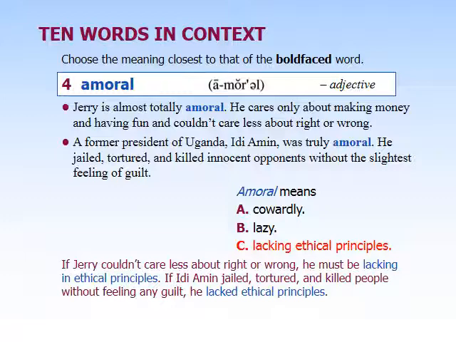He doesn't care whether it's right to make money or whether it's right to have fun. His principal concerns are making money whatever way he can, and having fun whatever way he can. In the second example, the leader of this country, he didn't feel bad at all about jailing or torturing or killing people. He didn't feel any guilt about that because he didn't have a sense of what was right and what was wrong.